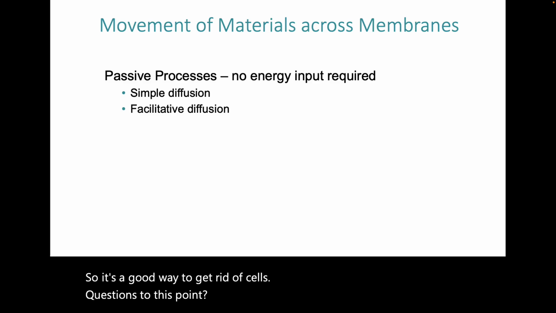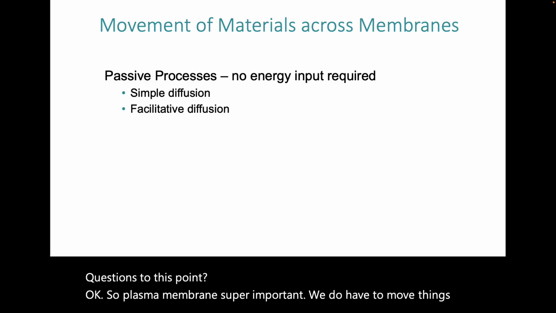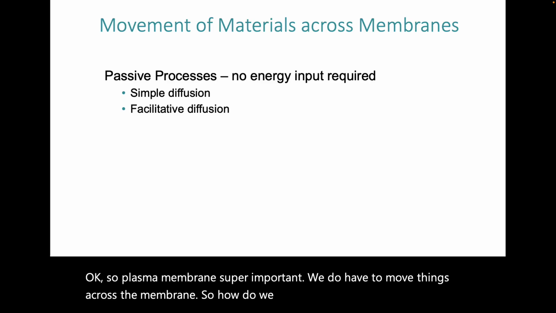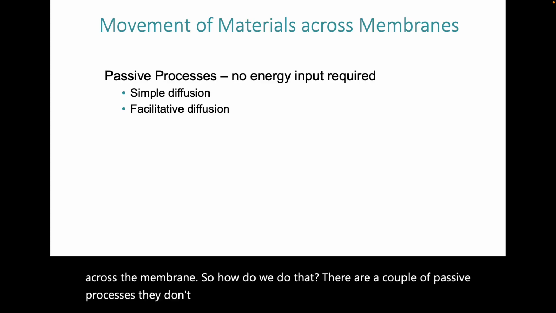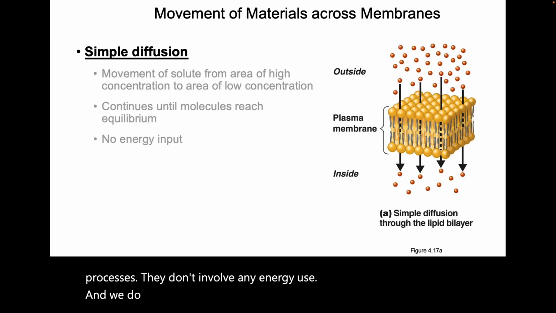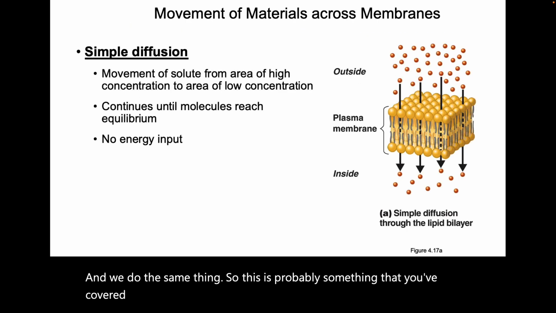Okay, so plasma membrane, super important. We do have to move things across the membrane. So how do we do that? There are a couple of passive processes. They don't involve any energy use. And we do the same thing. So this is probably something that you've covered in other classes. So simple diffusion is the easiest.